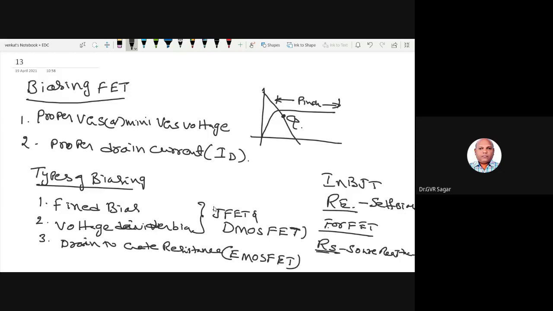If you add this source resistance to any one of these biases, it becomes a self bias. For example, if you take a fixed bias and add source resistance, we can call it a self bias. If you take a voltage divider bias and add RS, it is also called a self bias. So when you add RS, the resultant bias is called self bias. It is self-controlled. How it is controlled, we will see here.